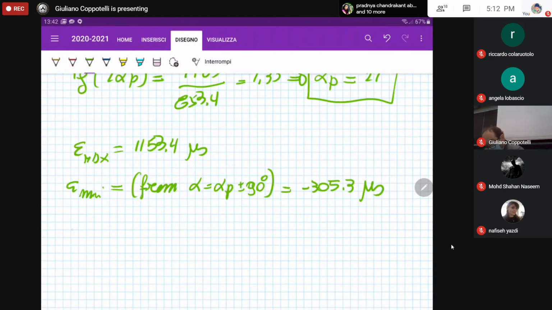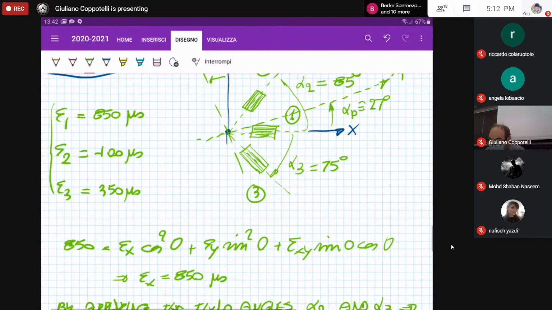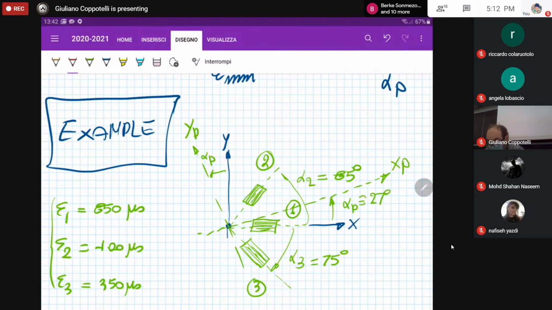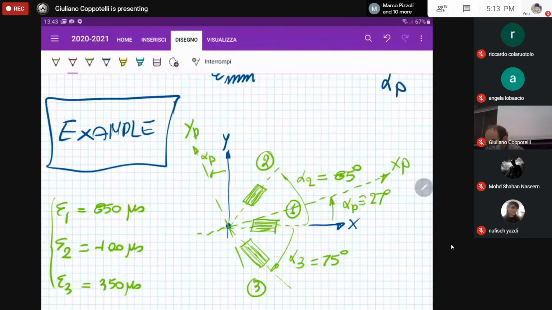And finally, the maximum shear strain, that is orientated at 27 plus 45 degrees with respect to the x-axis.